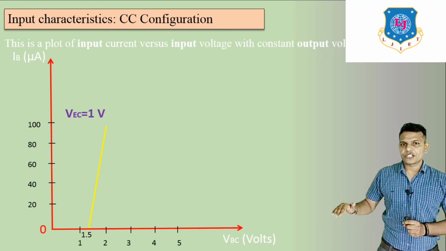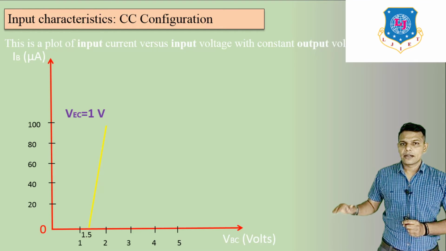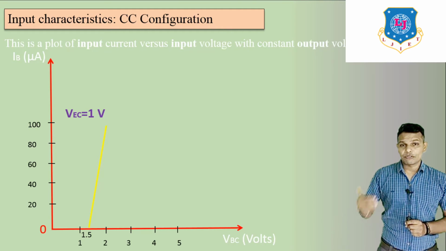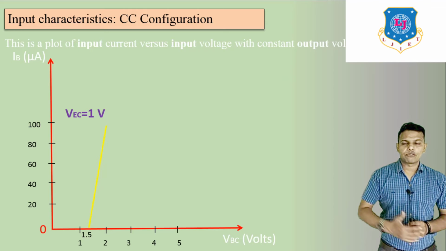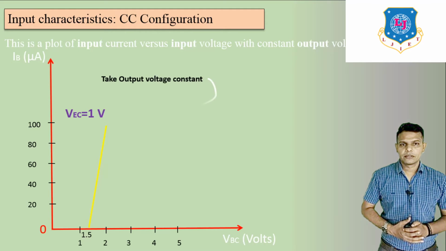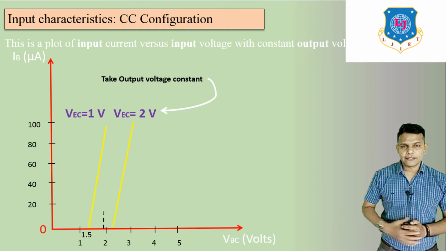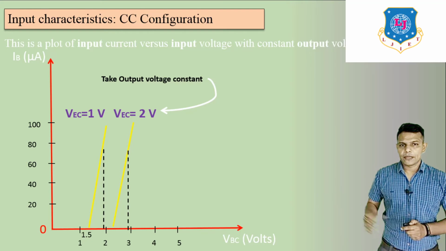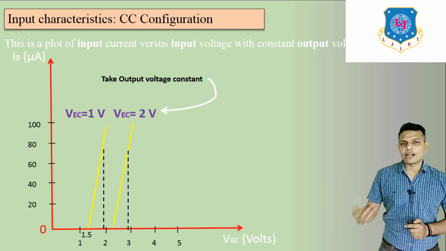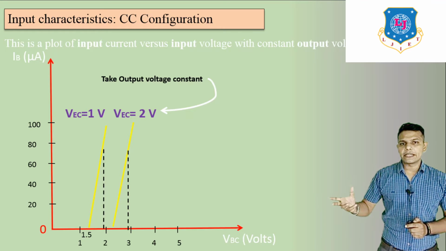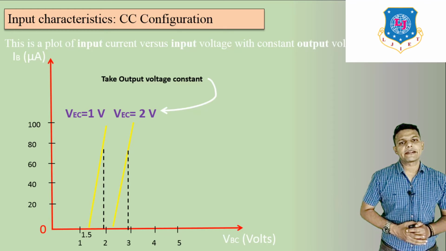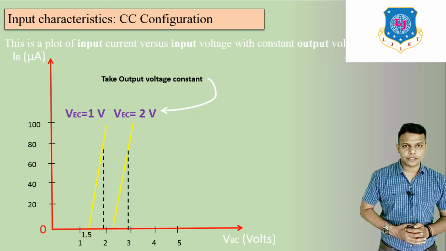At this time, at the initial stage, it is not in forward bias. Then if I increase VBC's value, your VBE becomes forward bias. Another value, VEC equal to 2 volts. At this time, if you increase the VBC value, then your VBE becomes forward bias. So this is the input characteristics of common collector configuration.